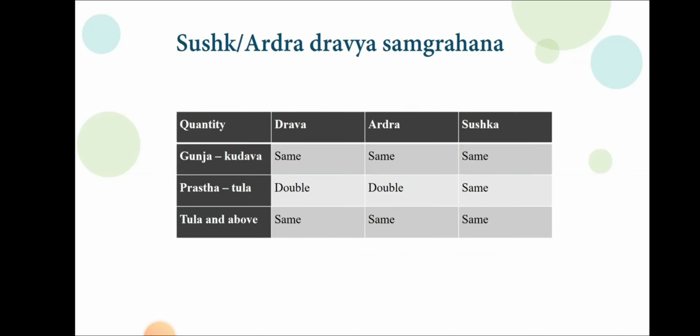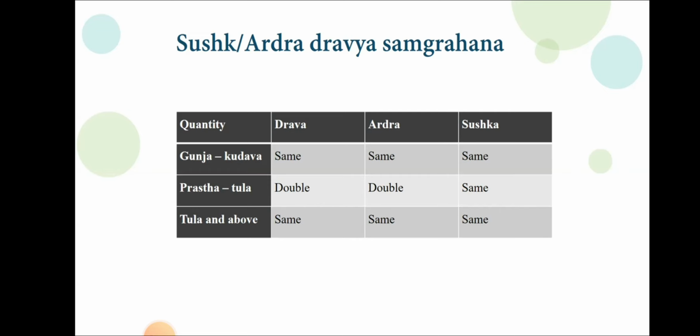And Acharya Sharangadhara specified a special rule regarding the mana of Drava Dravya, Ardra Dravya, Shushka Dravya mentioned in the formulation. If the quantity of the drug is mentioned between Gunja and Kudava, the Drava, Ardra, Shushka Dravyas have to be taken in the same quantity.